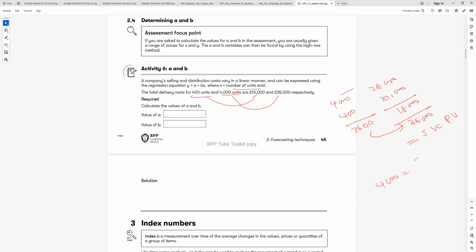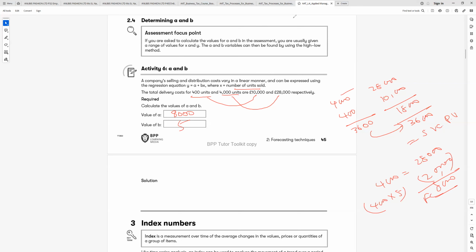So for 4,000, the total cost is 28,000. If I take out all the variable costs, so 4,000 multiplied by the variable cost of 5 per unit, that will give us 20,000. And if I take out the variable cost, the remaining is 8,000. That is the fixed cost. Now I can use it. So the value of A is the fixed cost, that is 8,000. And B is 5, the variable cost per unit.